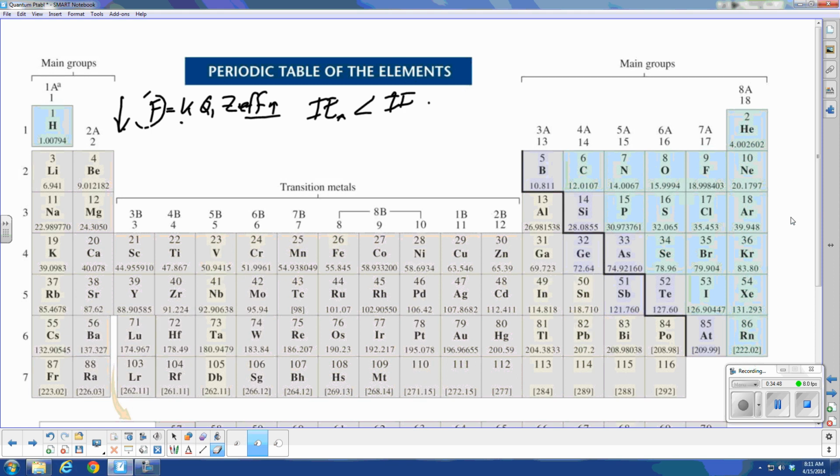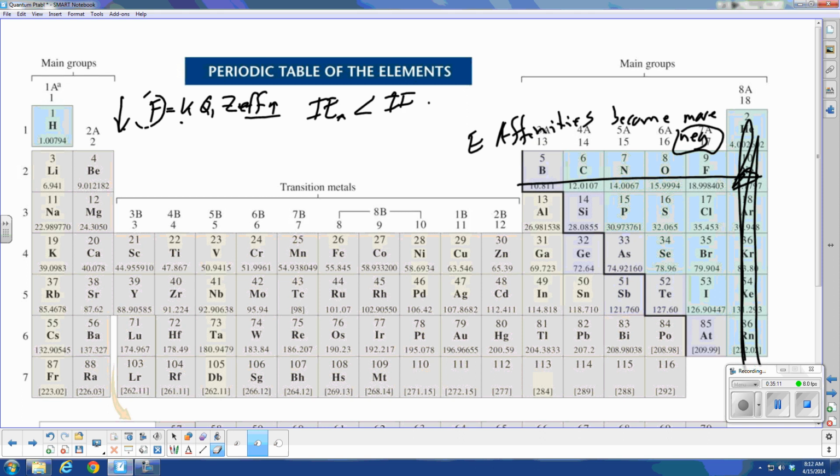So let's take a look at the general trend on electron affinities. By and large, here's all I want you to know. As you go left to right here, my electron affinities become more negative. Okay, meaning more energy is given off. Excuse me, we don't talk about the noble gases here.